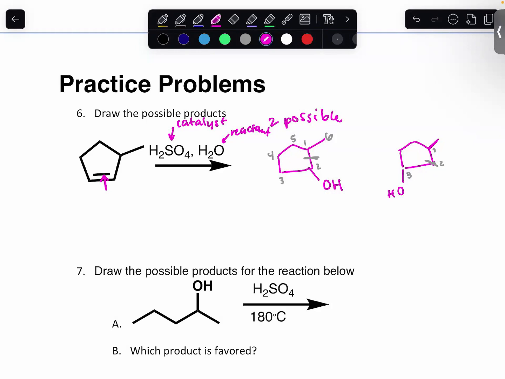If we got rid of the methyl and just drew out the same products, these two are the same thing. If we were to name them, they're both one-cyclo, whereas if we were to name this, we would have two.